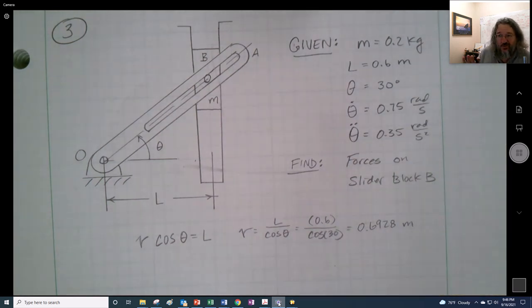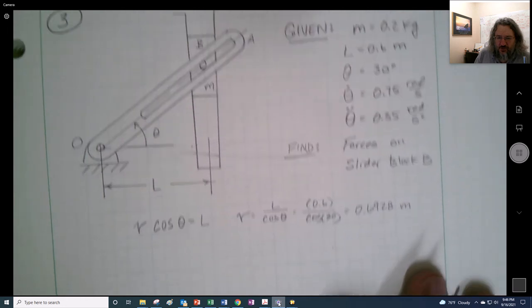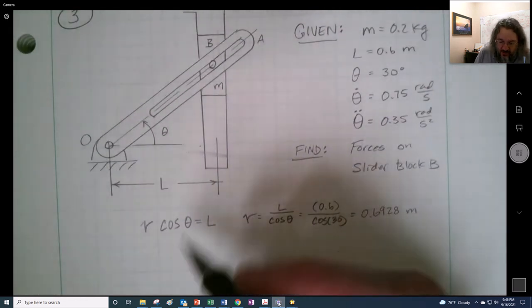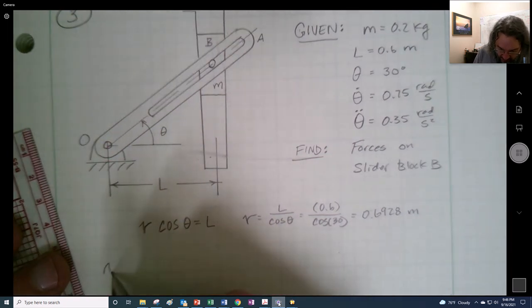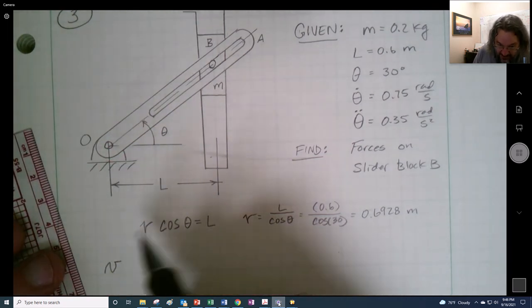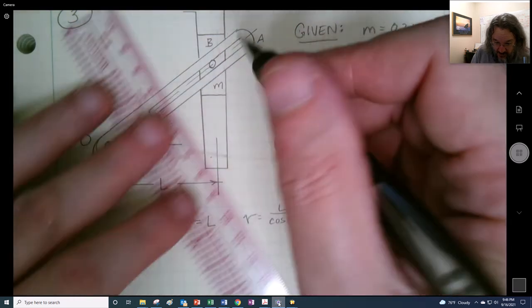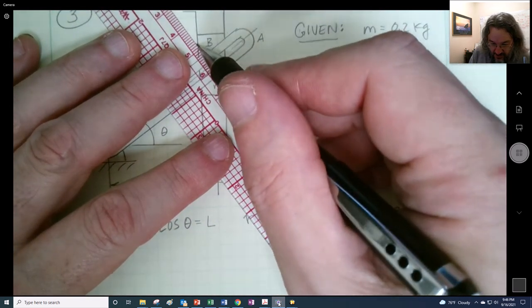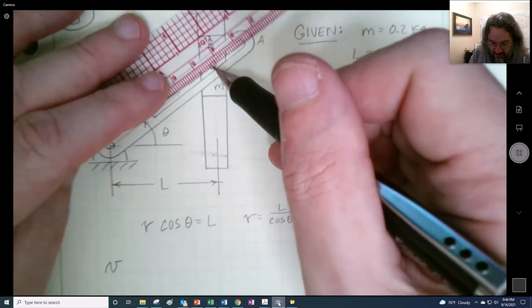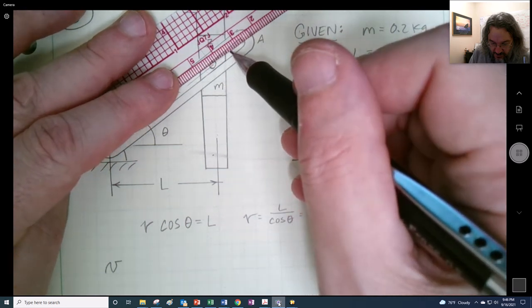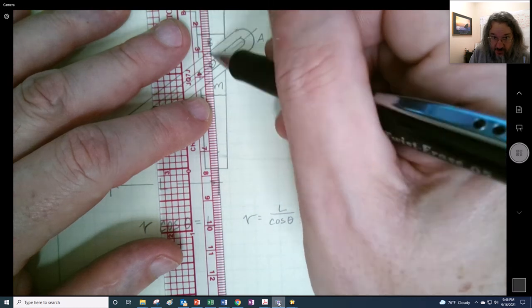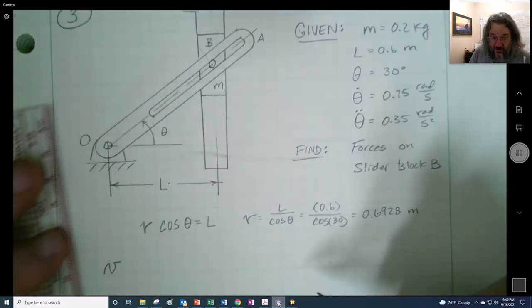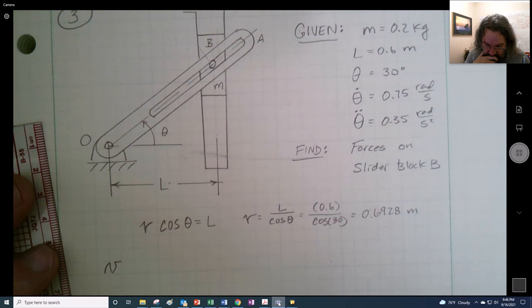It's almost like a coordinate transformation, but we don't need to go through the formal one. The velocity in this direction also has to have a velocity in that direction. Did I say that correctly? I think so.